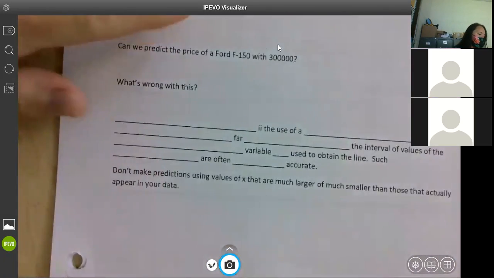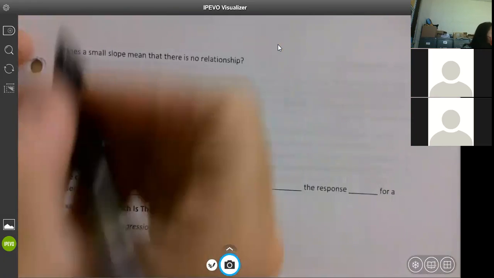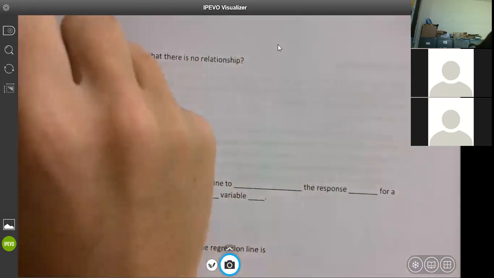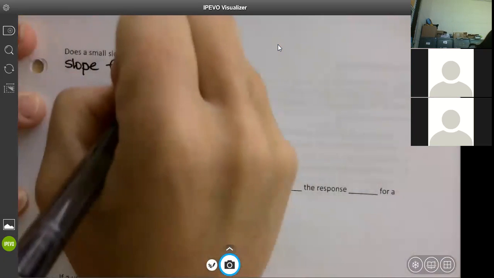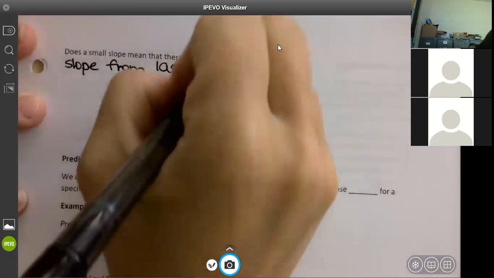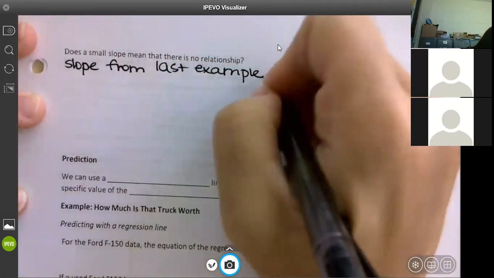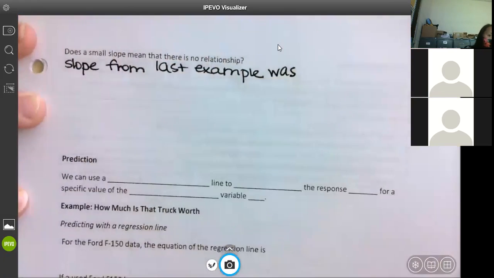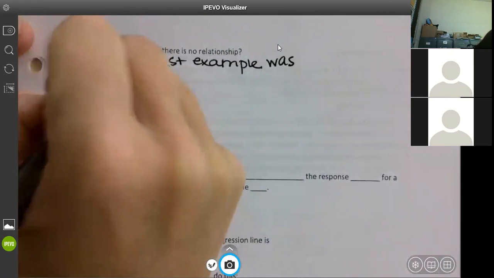Next page. Does a small slope mean that there is no relationship? So the slope from the last example was negative 0.163.